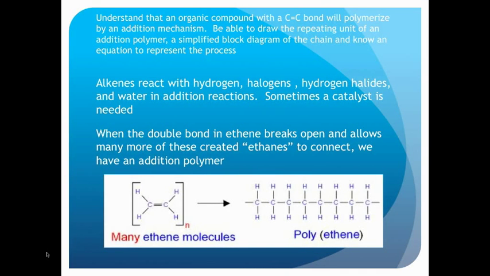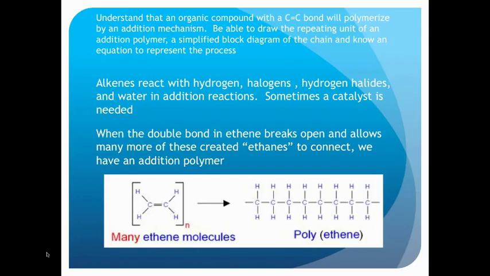Understand that an organic compound with a carbon double bond will polymerize by an addition mechanism, be able to draw that repeating unit, and know an equation to represent the process.